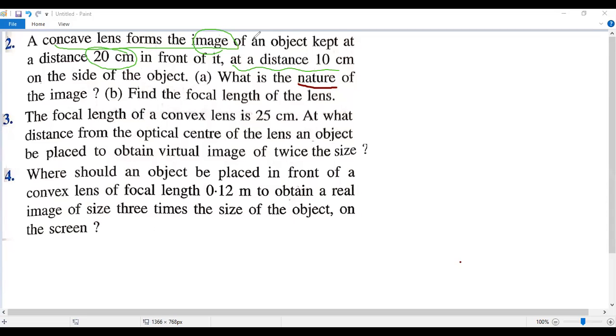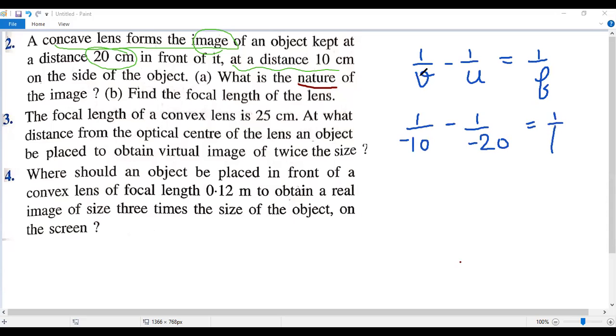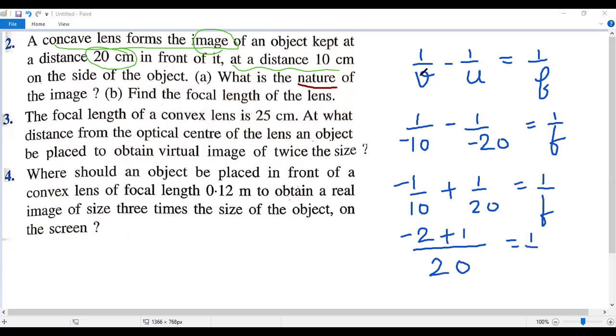So students, here I will use the lens formula, 1 by V minus 1 by U equal to 1 by F. Substitute the value of V: 1 by minus 10 minus 1 divided by minus 20 is equal to 1 by F. Solving it further, this becomes minus 1 by 10 plus 1 by 20 equal to 1 by F. Now students, on the left side, first of all, take LCM such that it becomes minus 2 plus 1, that is 1 by F. So solving here, it becomes 1 by F is equal to minus 1 by 20.